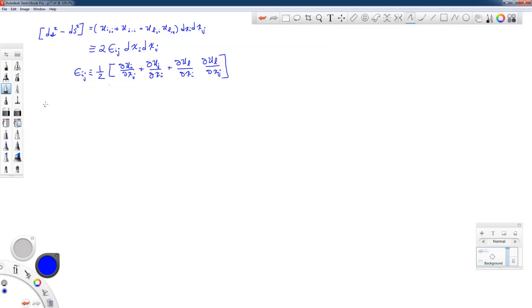Another way we can write this is, if we divide both sides by 2, we have on the left-hand side 1/2 d script s squared minus d regular s squared is equal to this thing epsilon ij dxi dxj. And if we want, we can expand this term out on the right-hand side, because if you see here, there's a double summation.